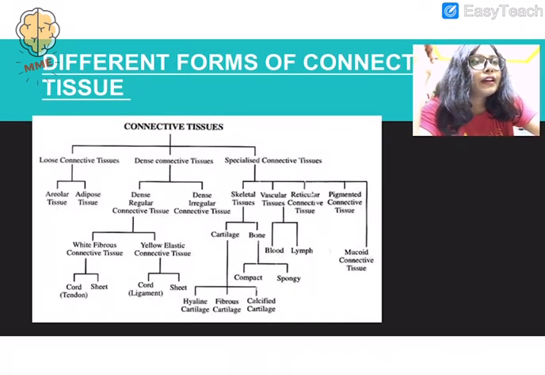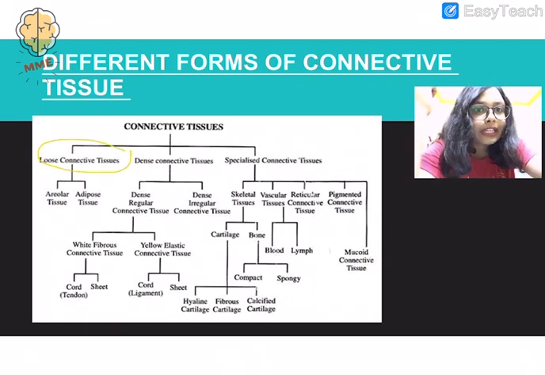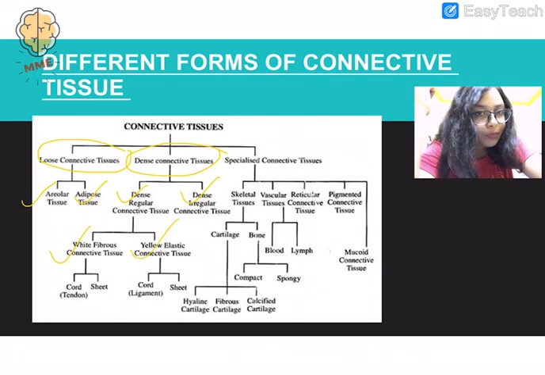When connective tissue takes a different form, we can further classify it as loose connective tissue, which is further divided into areolar or adipose tissue. We have dense connective tissue, which is further divided into dense regular and dense irregular. Under dense regular, we have white fibrous connective tissue and yellow elastic connective tissue.